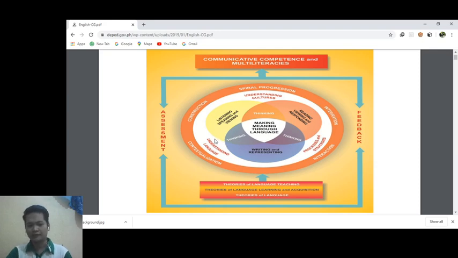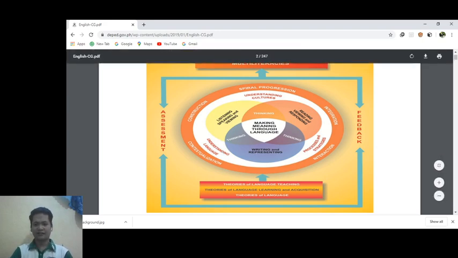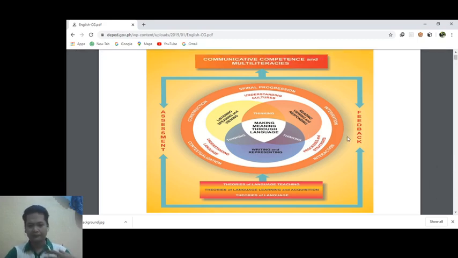That language is very vital actually to the students. That's one of the keys in learning, right? Reading, listening, if you know the language, that will open another learning for you.